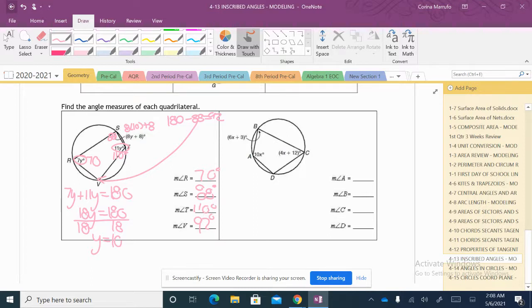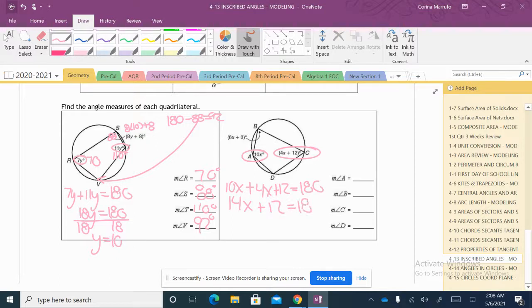And the last problem. Here, again, they don't give us D, so we can't use B and D. We're going to have to use A and C. So 10x plus 4x plus 12. They are supplementary, meaning they need to add up to 180 degrees. So 10 plus 4 gives me 14x plus 12.